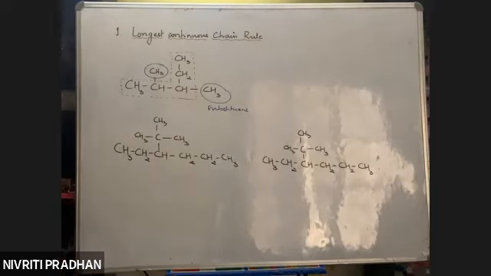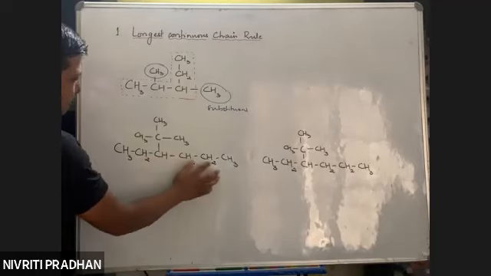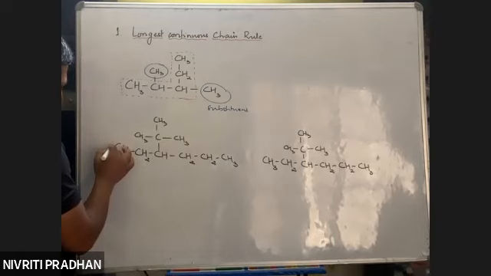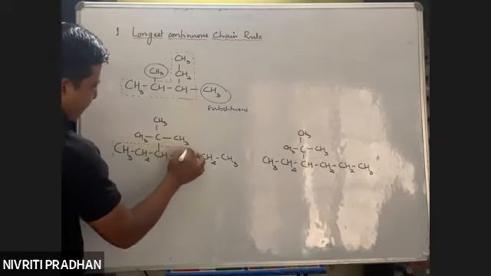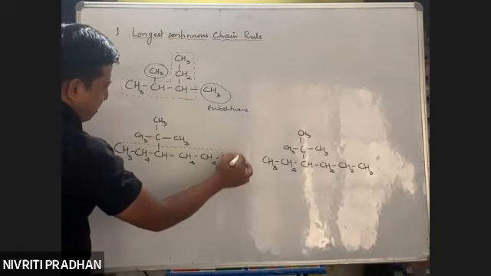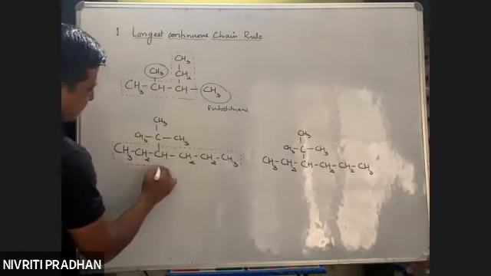Now look carefully at these two molecules and let me know how many carbon atoms are there in the longest continuous chain. Six: 1, 2, 3, 4, 5, 6. I'll mark it. If I consider this as the longest chain, how many branches are there?